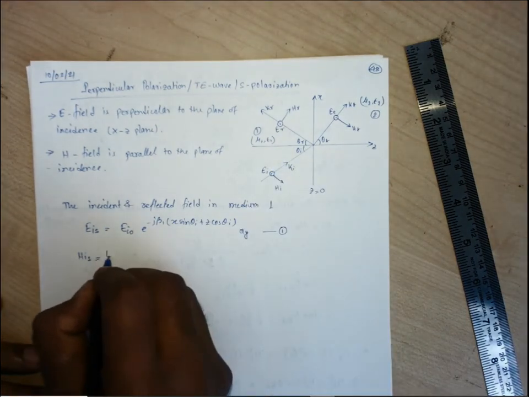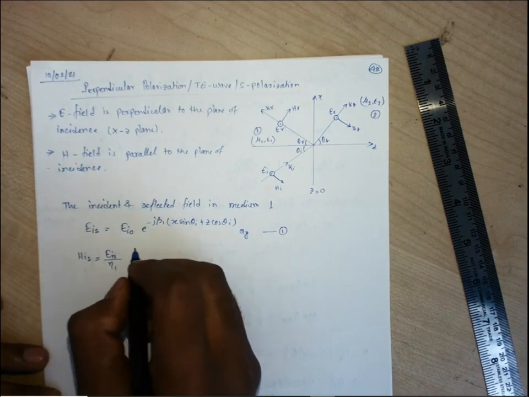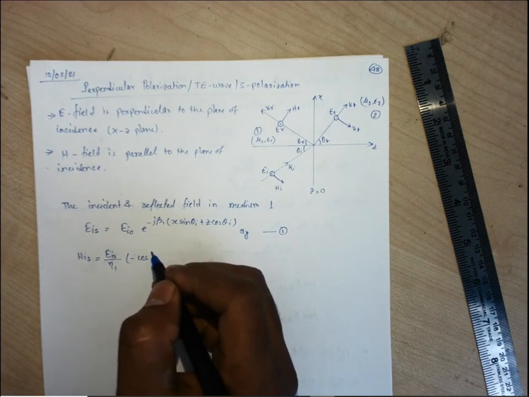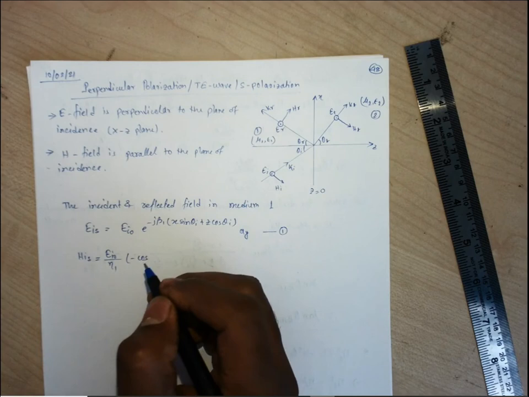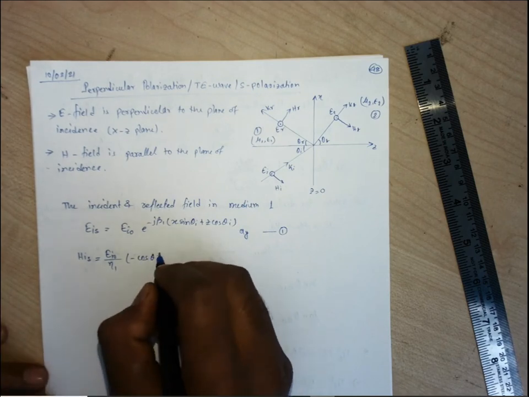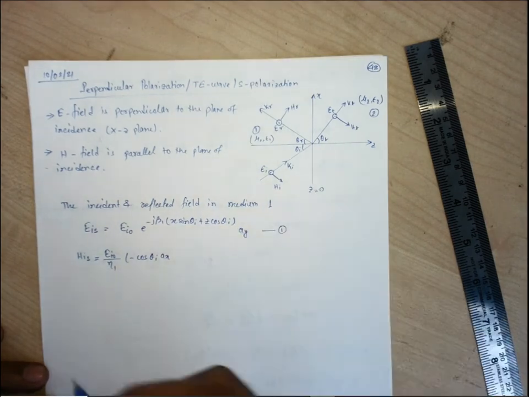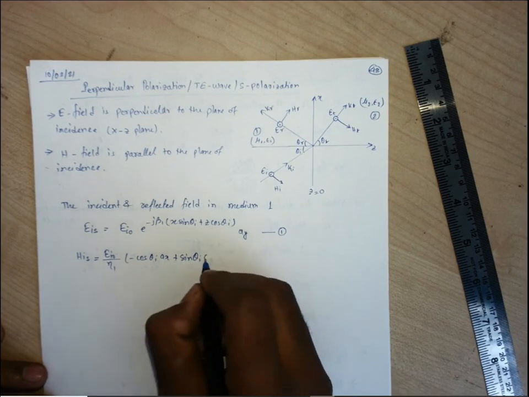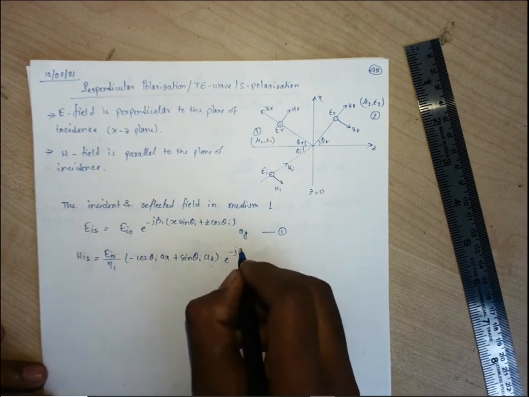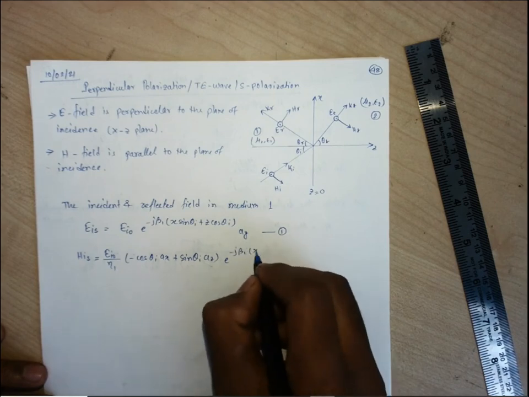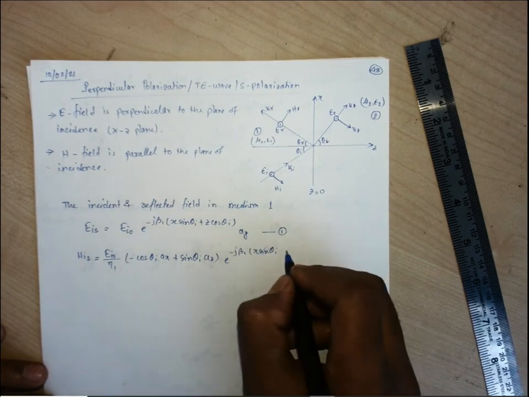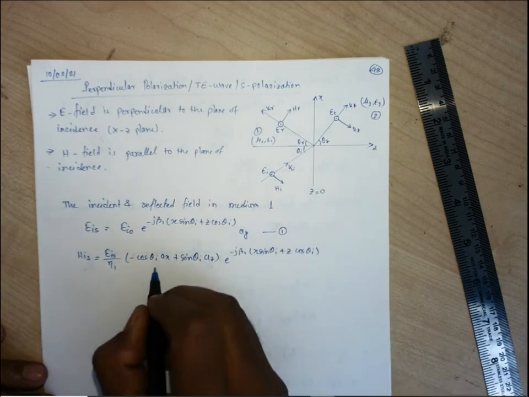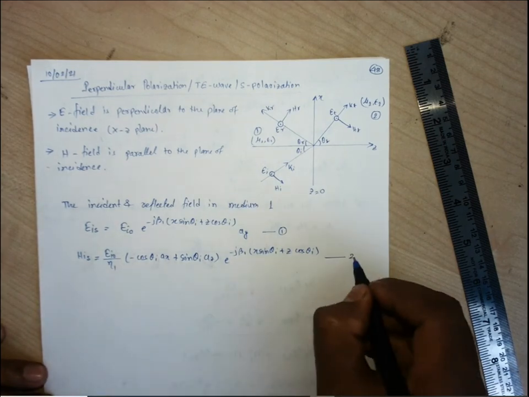So that one will be, by eta 1 in medium 1, minus cos theta I ax, which is the x direction for the incident, plus sin theta I az, which is the z direction, e to the power minus j beta 1 (x sin theta I plus z cos theta I), which has the x component as well as the z component.